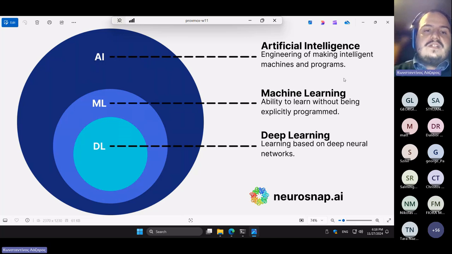Okay, and then of course you can see here that we also have deep learning, which is a subfield of ML, so the subfield of the subfield itself. So deep learning, so that you can have a better understanding, is essentially machine learning that concerns artificial neural networks. These are a specific type of model, a specific type of architecture that tries to model the human brain.